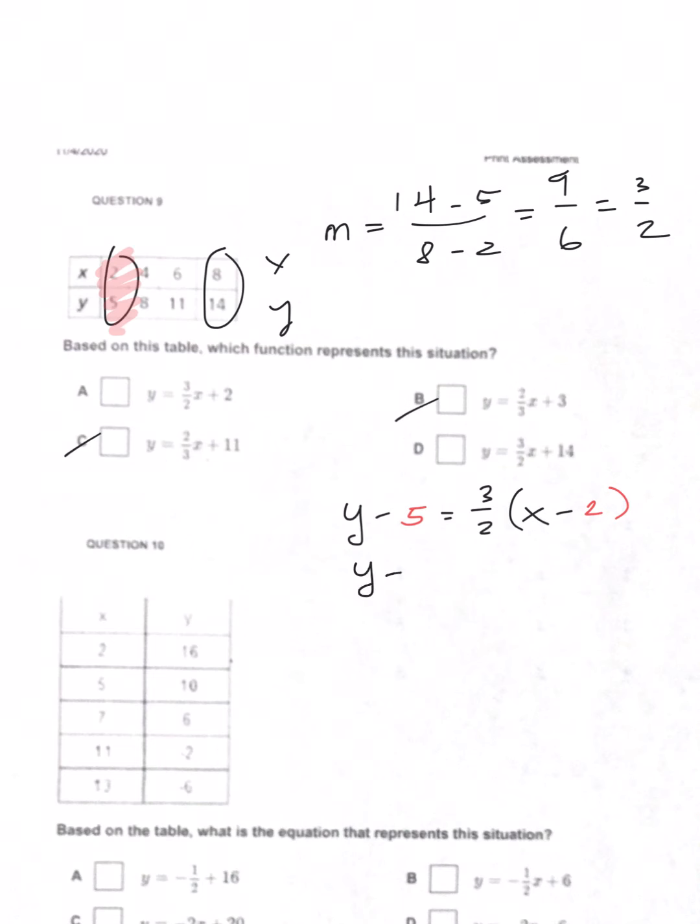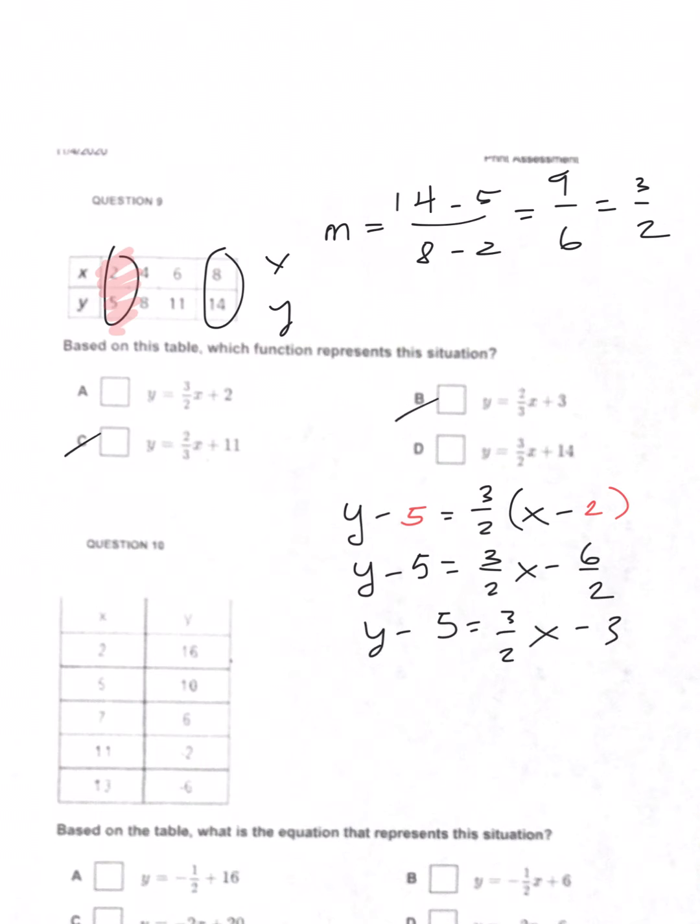So y, I'm going to go ahead and keep it black now. y minus 5 equals... I'm going to distribute the 3 halves to everything inside, so 3 halves x minus 2 times 3 first. So that's going to give you negative 6 divided by 2. And then I simplify one step further and get negative 3 here.